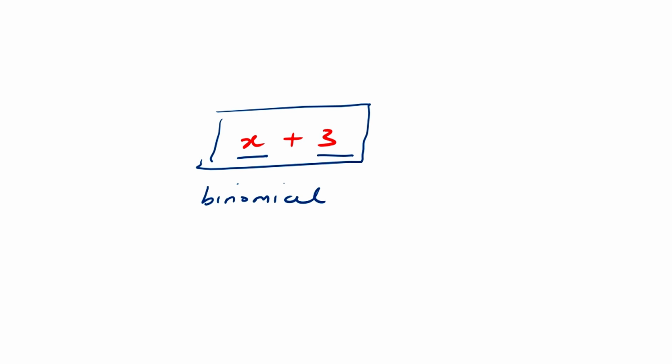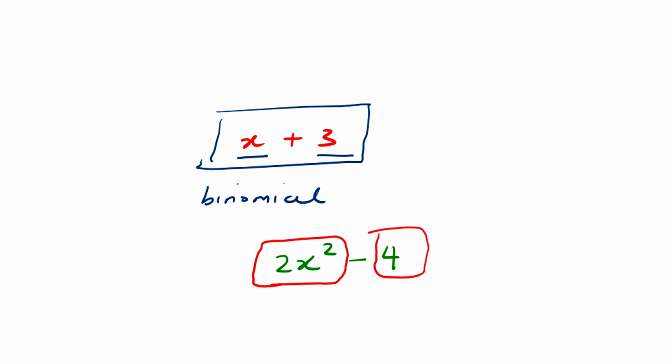Okay, now let's look at another example. 2s squared minus 4. Again, this is a binomial. Why? Because we have 2s squared being one term and 4 being another term.